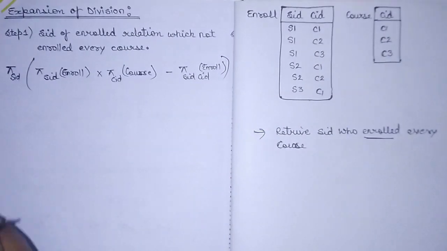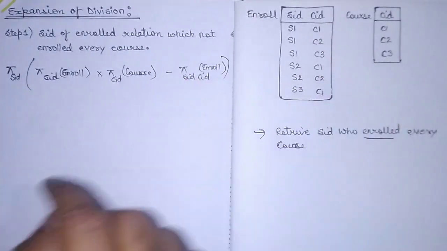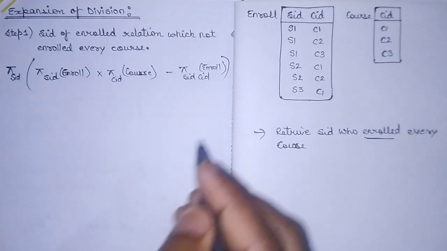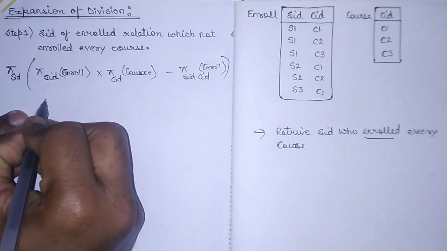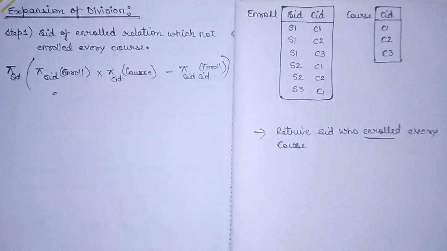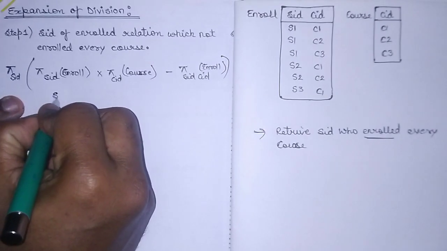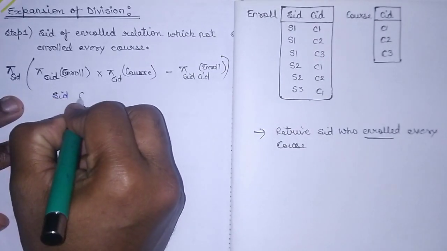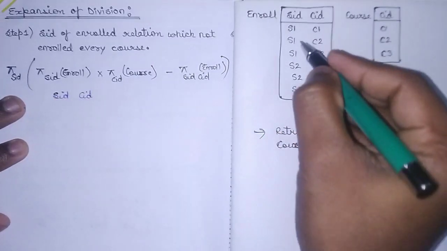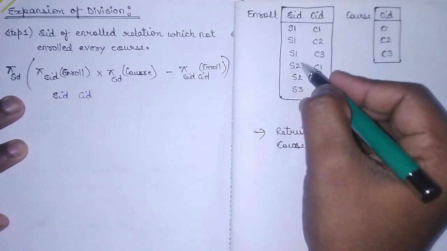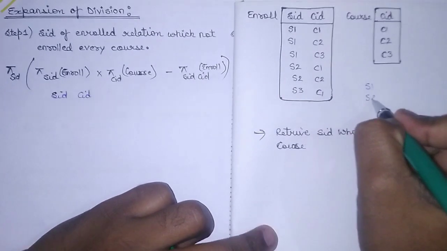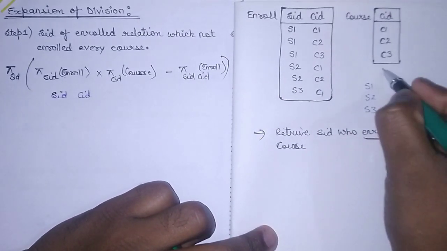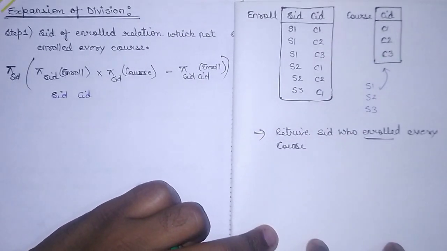Now let's see how this particular query works. First of all, we will be performing the cross product between the SID of enroll and course ID. What will it give us? It will give us a table with attributes SID and CID. We have three student IDs, S1, S2 and S3. So these S1, S2, S3 will map with every value of course.